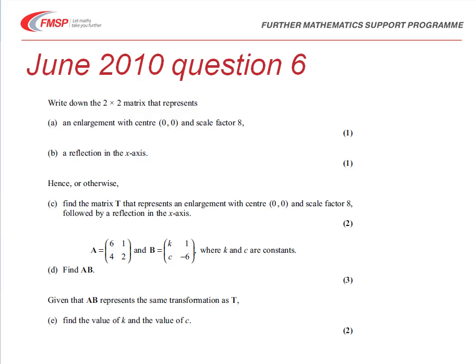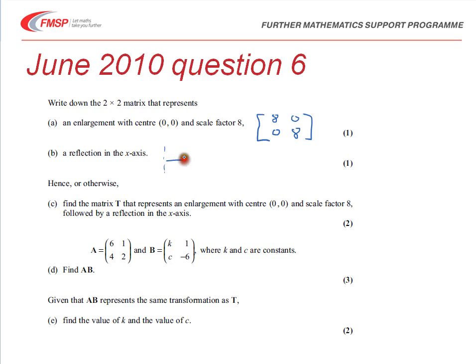Okay, the second question here starts off with, again, statements of just writing down. So just knowledge of an enlargement being given by 8, 0, 0, 8. And then the reflection in the x-axis, so we had the reflection in the y-axis in the last question.